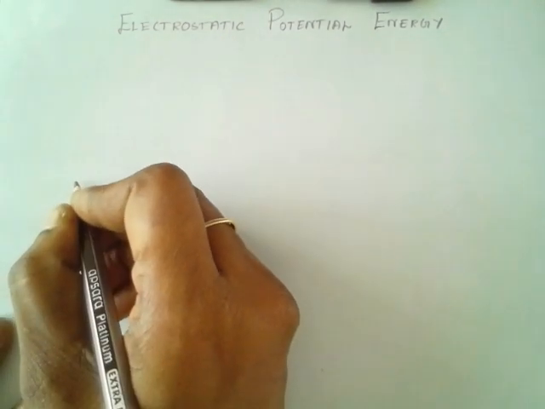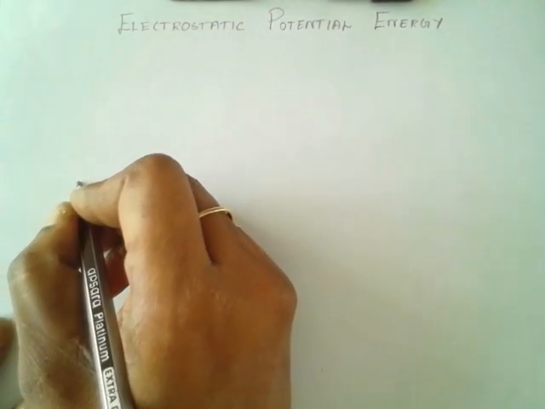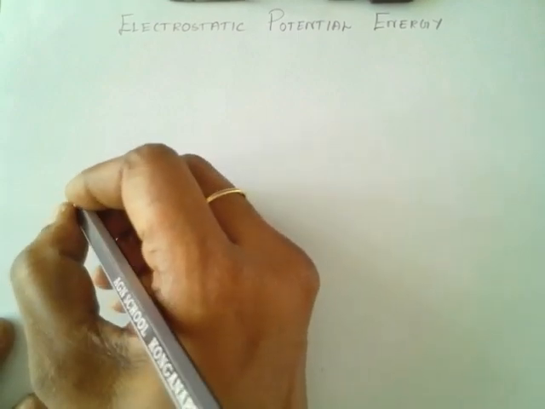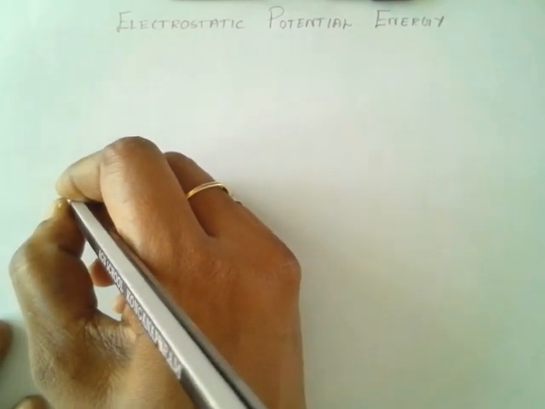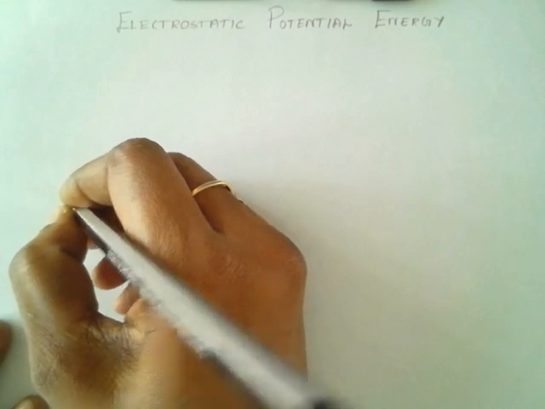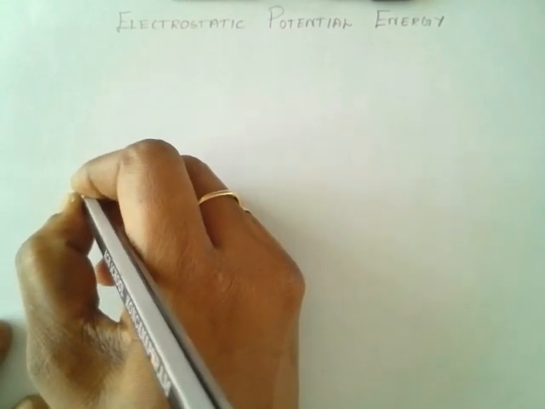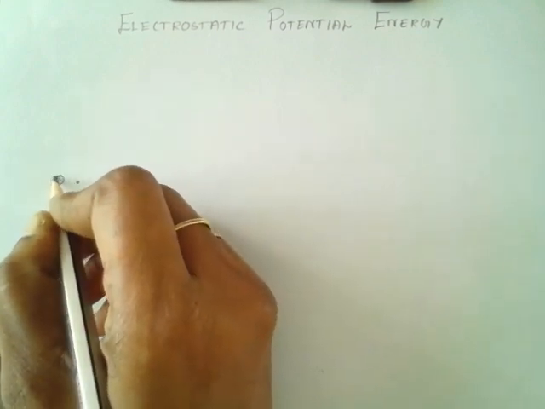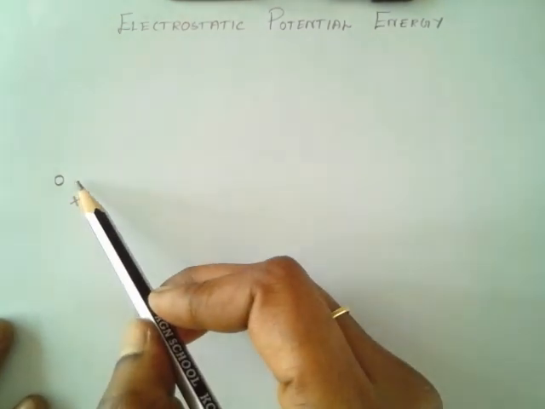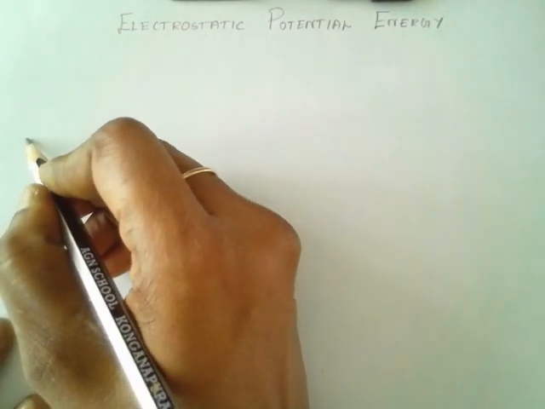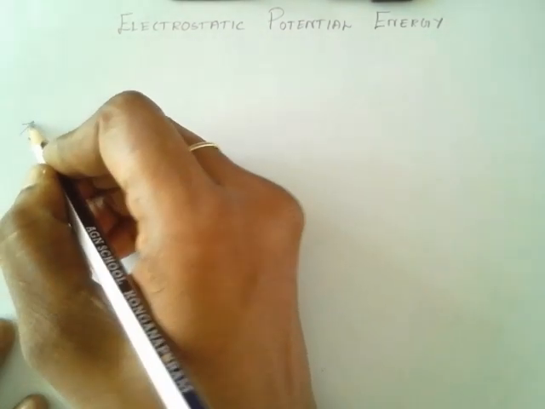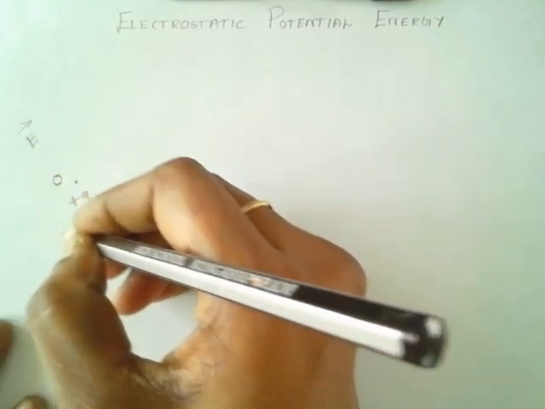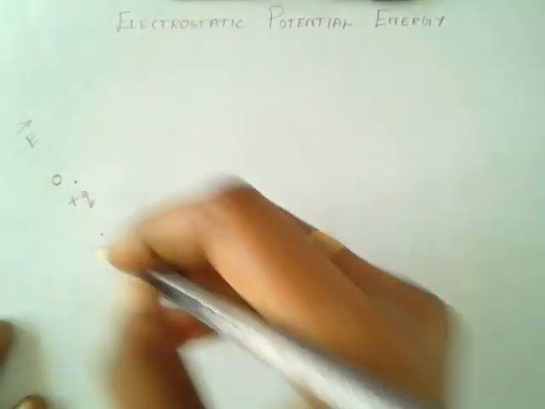Initially, I will keep a point charge with the magnitude of plus q at origin O. Now, this point charge will produce an electric field strength E around it.